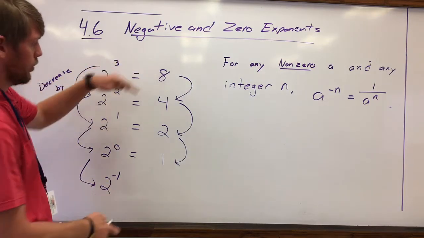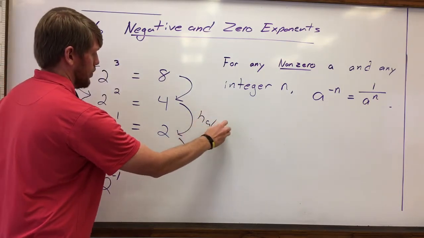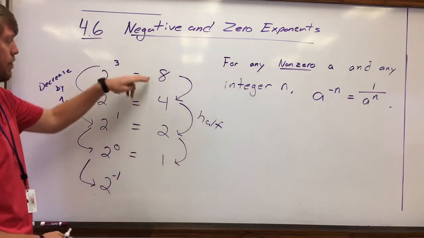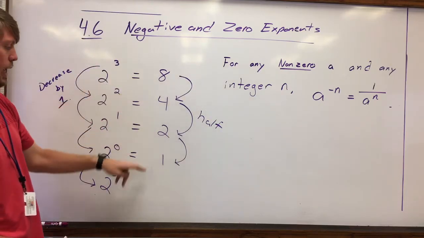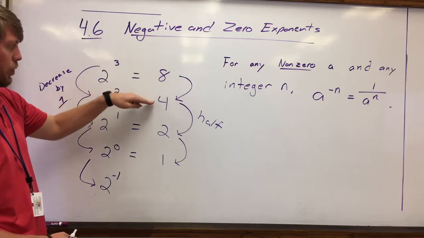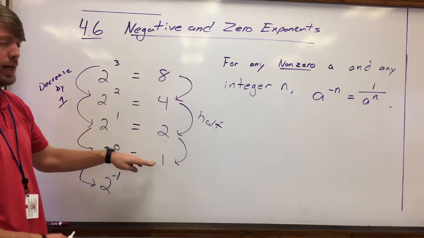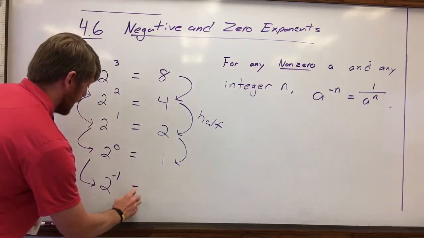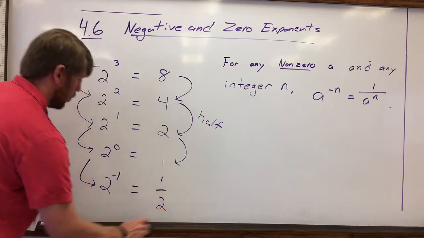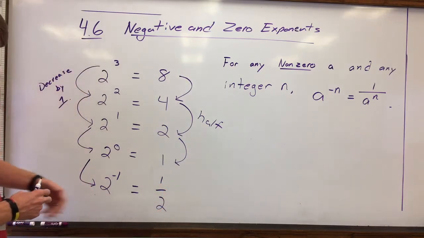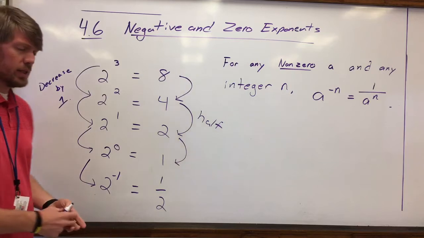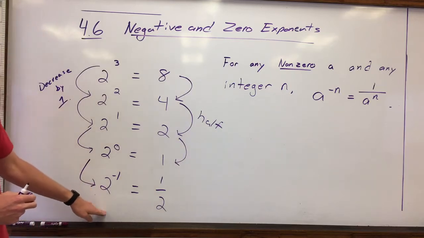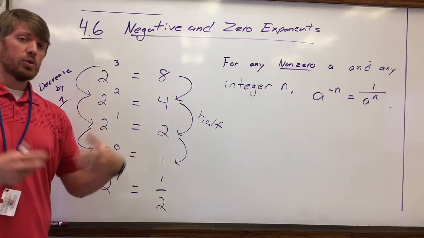And if we continue over here to halve each time, half of 8 is 4, half of 4 is 2, half of 2 is 1, half of 1 is 1/2. The next one, I ran out of space here, would be 2 to the negative 2, and then half of a half is 1/4.